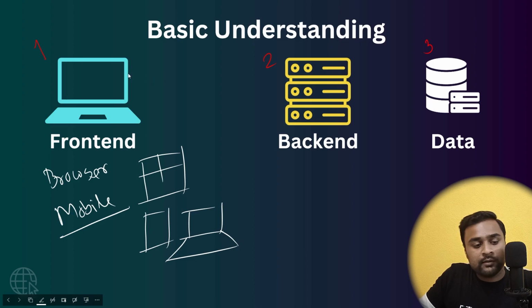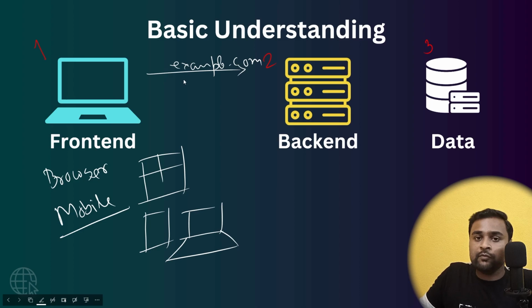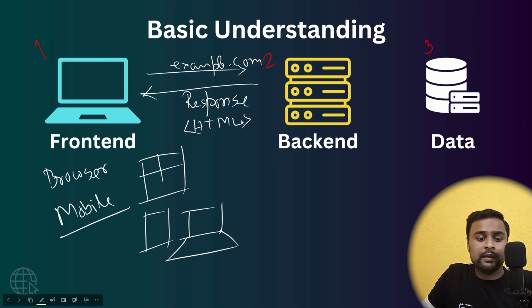Then from front end, we send the request to access any website, maybe some example.com, to the backend. Now then backend says, okay, this request is coming from these front ends, and then it sends the response. The backend is the fundamental thing of web. So backend stores everything, backend handles everything.